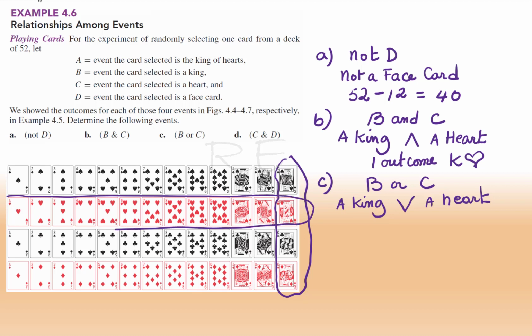A heart, we have 13 hearts. So technically it should be 4 plus 13. The overlap is the king of hearts, so we have to subtract it because otherwise we will count it twice. So it's 13 plus 4 minus 1, which is 16.